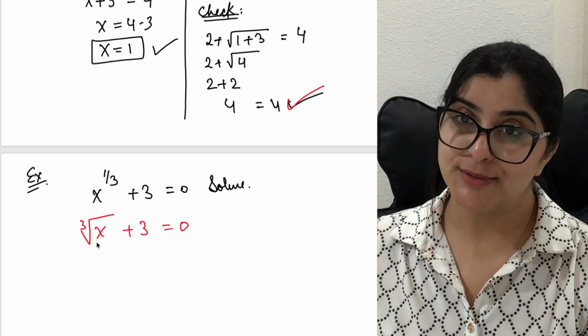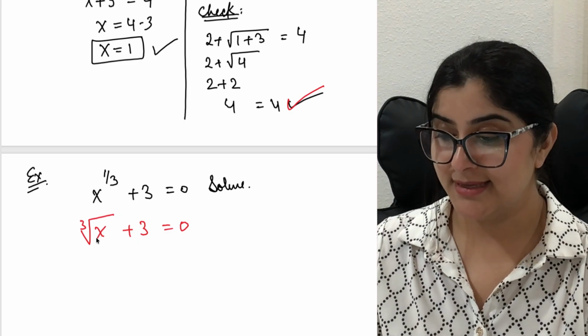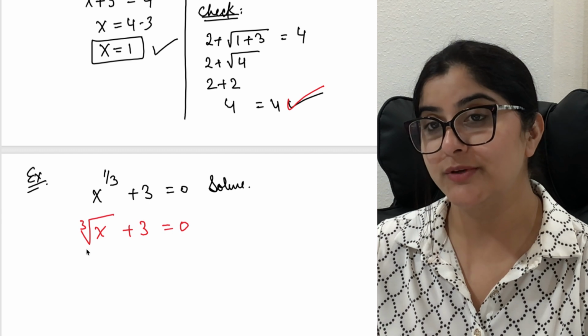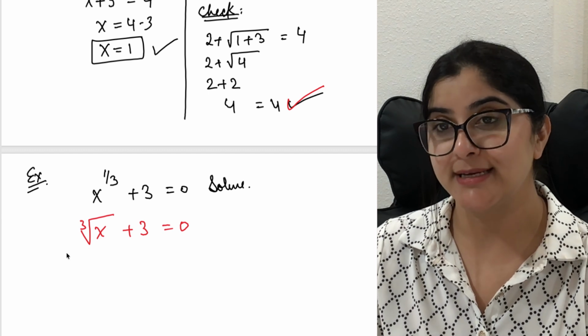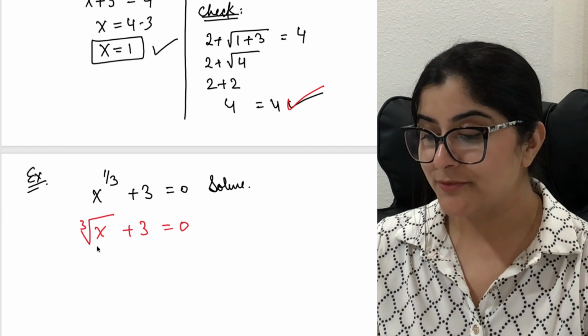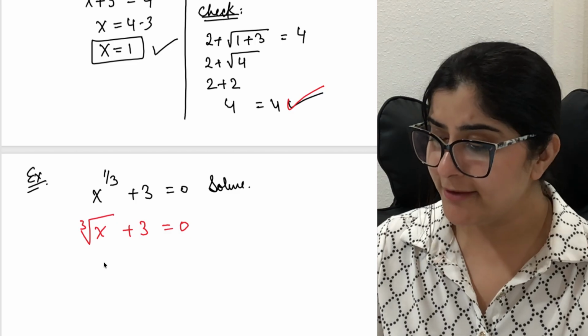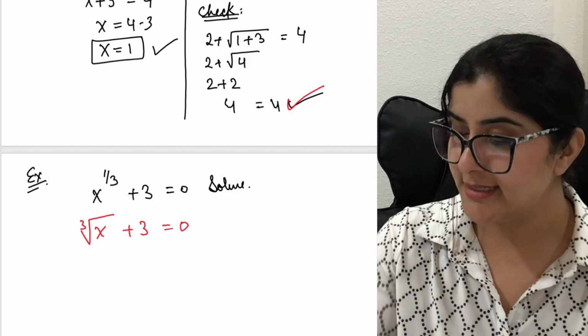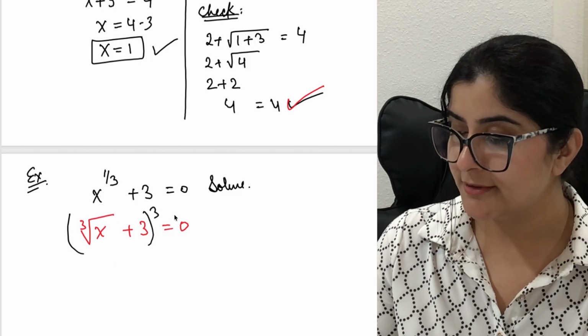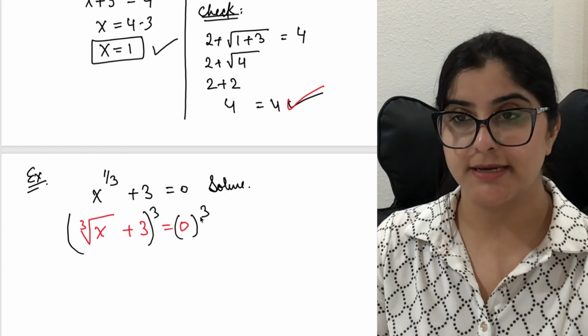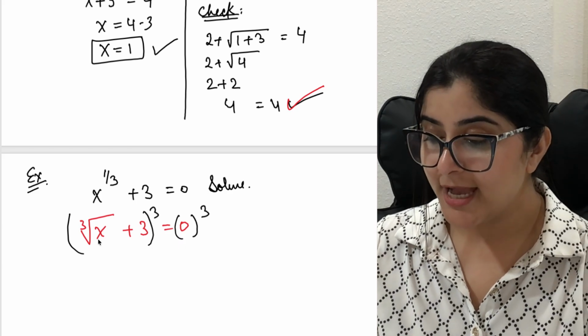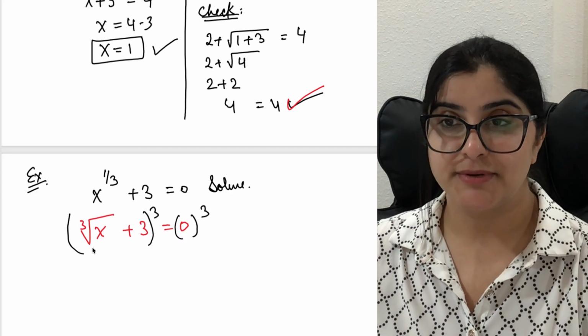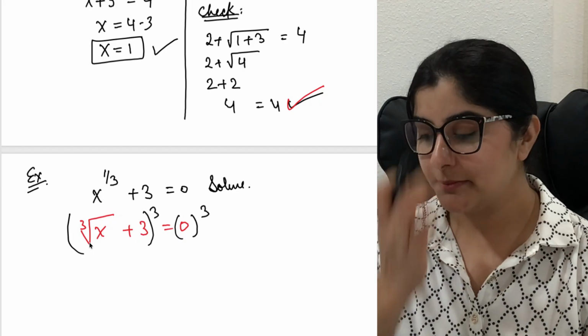Our aim is to isolate x, and here we have the cube root. We know that we want to get rid of the cube root by taking the third power. But if I take the third power right here on both sides, that is a wrong step. We have to isolate the radical expression first and then take the third power.